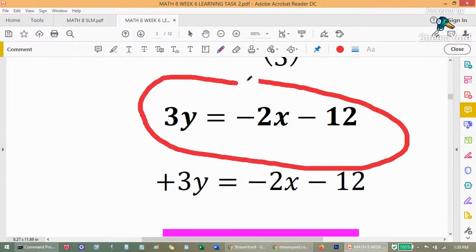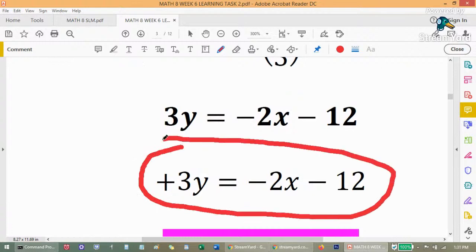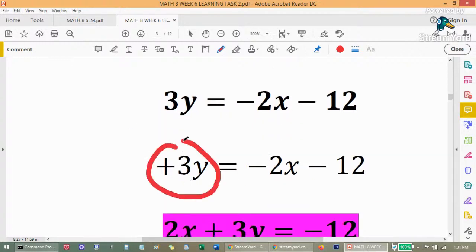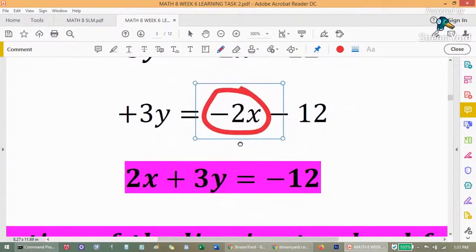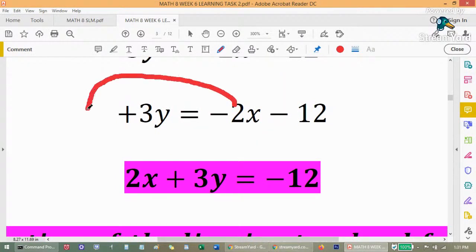Basically, ito ay pareho dito. Nagkaroon lang ng plus. And then, nung may plus na, yung negative 2x, itong negative 2x ay tinranspose natin sa kabila, yung negative naging positive.